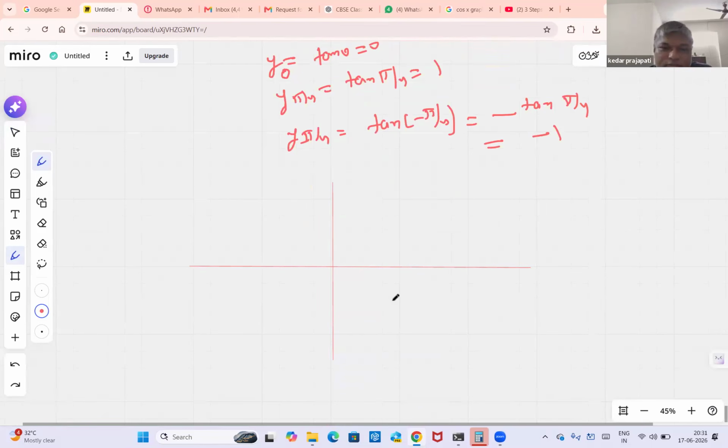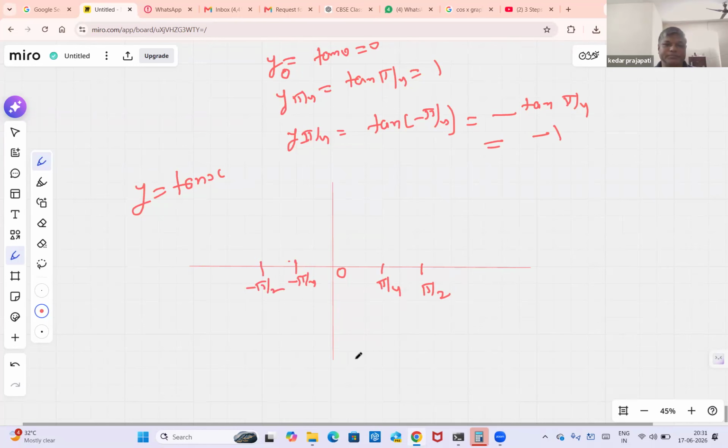So we will see on the x-axis, since it is the y equal to tan x graph. We can simply draw here 0, then pi by 4, then pi by 2, then minus pi by 4, minus pi by 2.